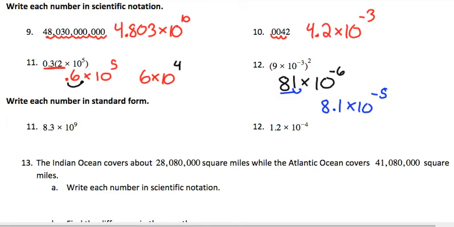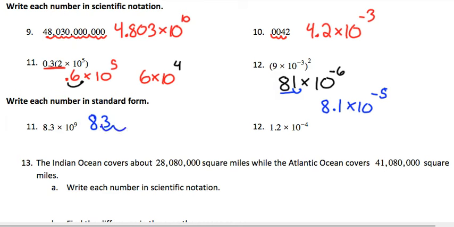The other piece of scientific notation is I can give you scientific notation and ask you to write it in standard form. So remember, to do that, in number 11, I start with that 8.3, and I'm going to move the decimal over 9 times. And because it's positive, I'm going to move the decimal towards the positive numbers.